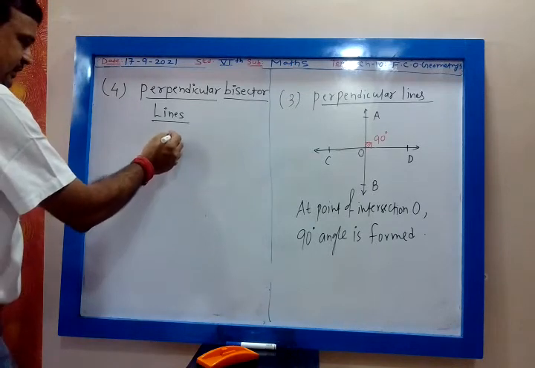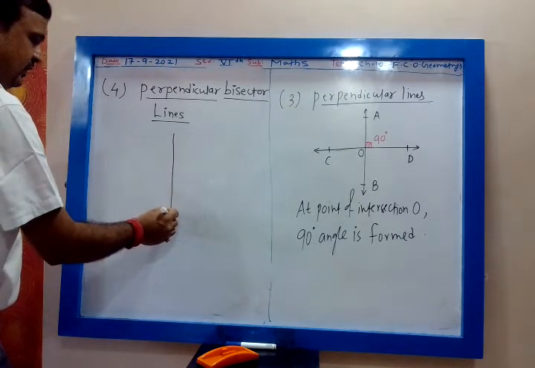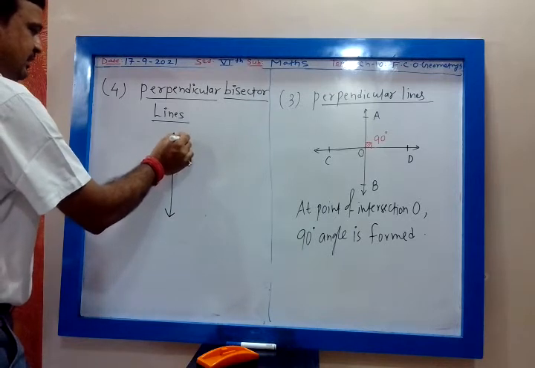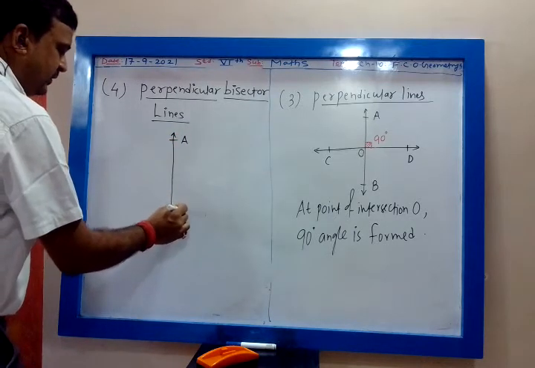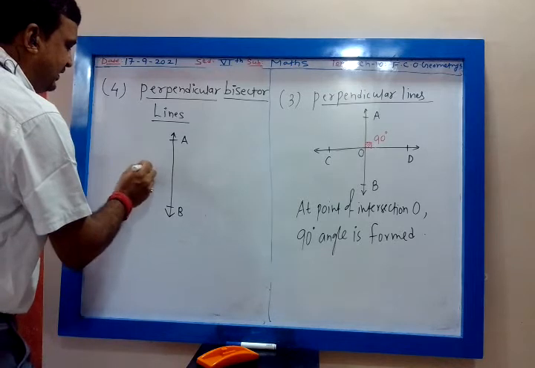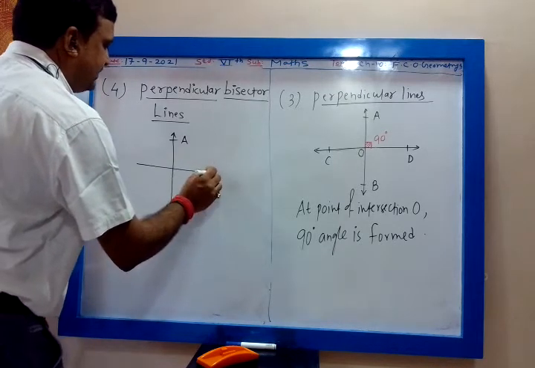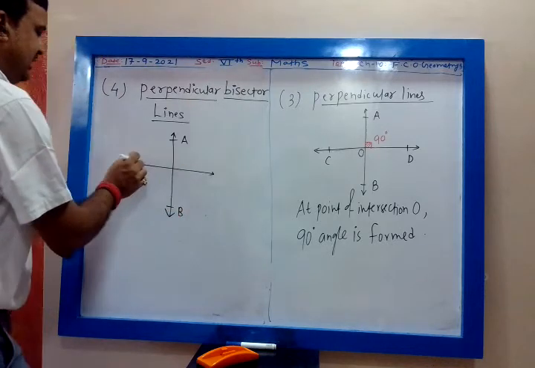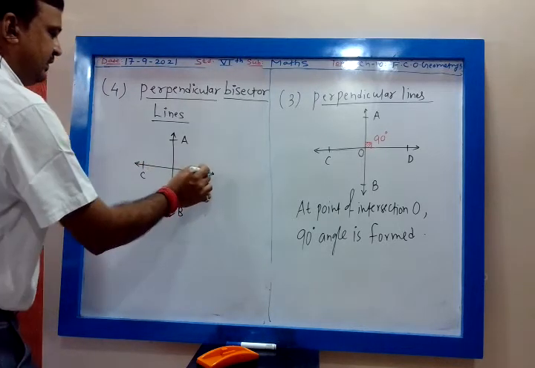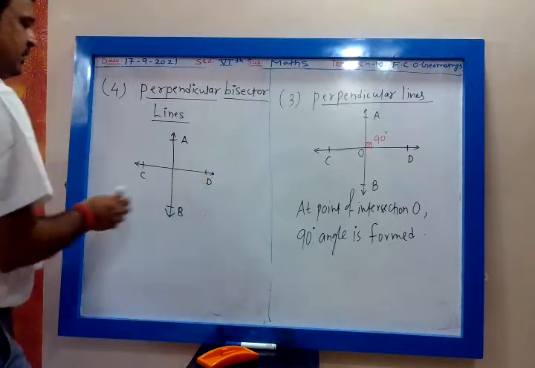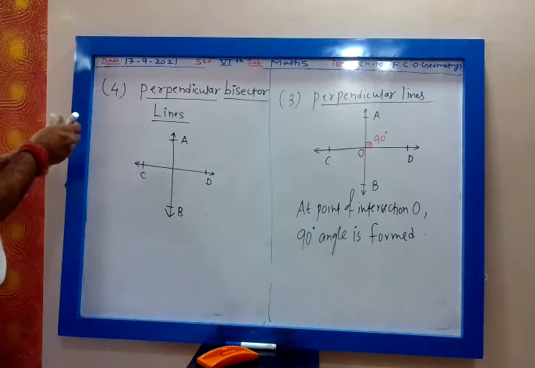There are two lines AB and CD. Both the lines are intersecting lines. Now AB and CD perpendicular bisector.